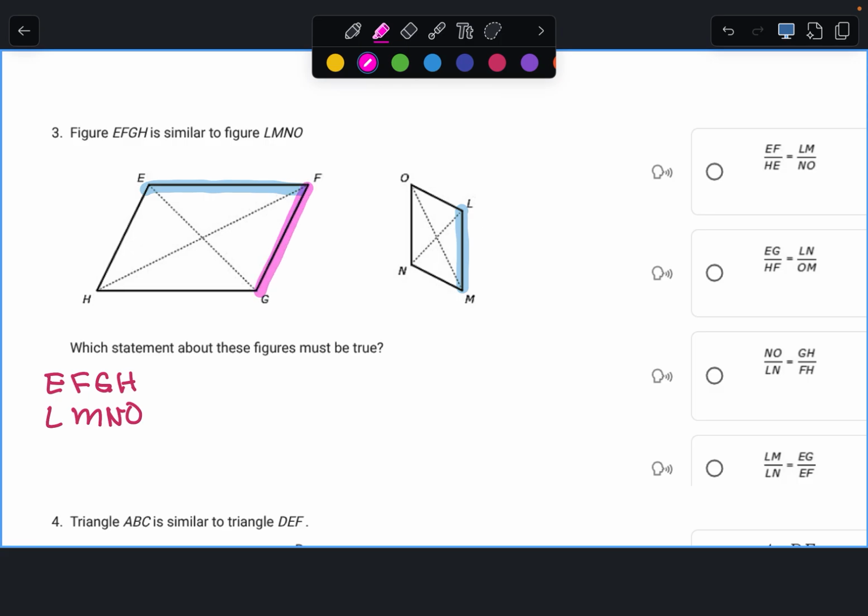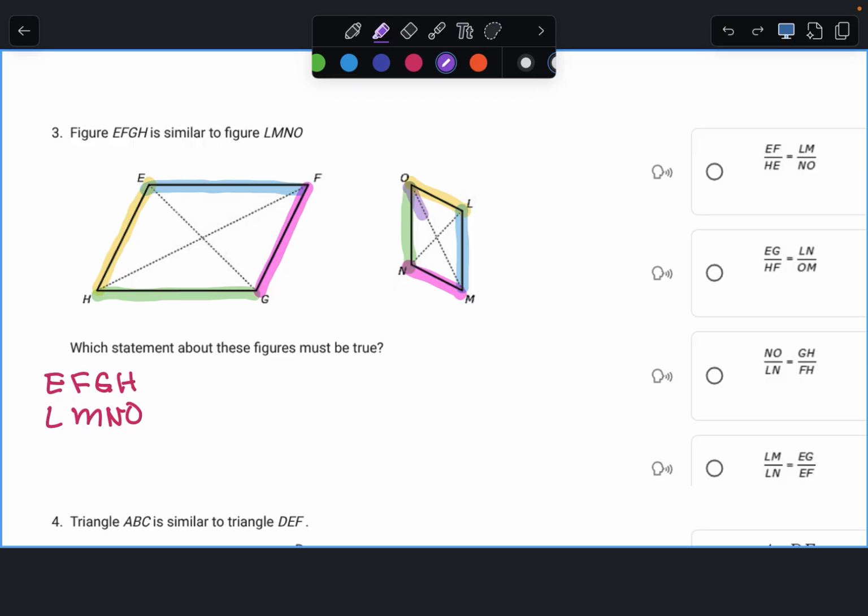FG goes with MN. GH goes with NO. And EH goes with LO. Now the other thing that you need to look at is these transverse ones right here. You can also use these, and in my answer choices, you'll see that those are being used.